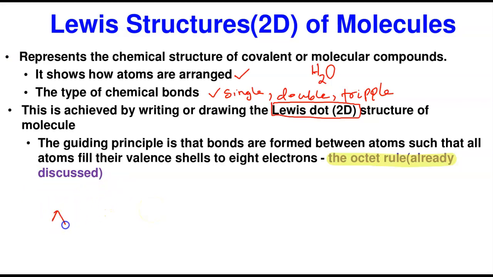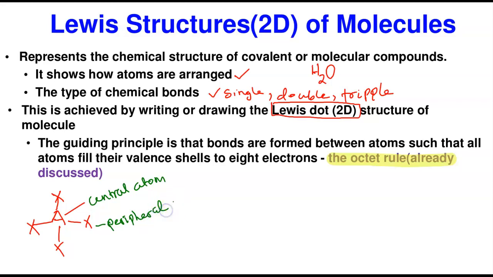If we have the Lewis structure, an atom A is connected to 4 other atoms. In this case, atom A is seen as what we call the central atom. And these atoms that are attached to it are seen as what we call the peripheral atoms.